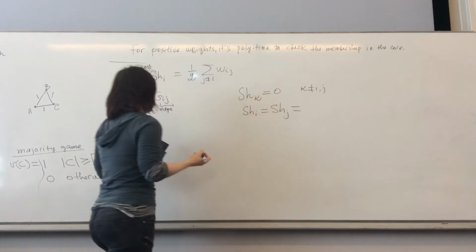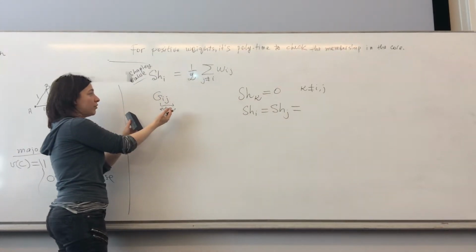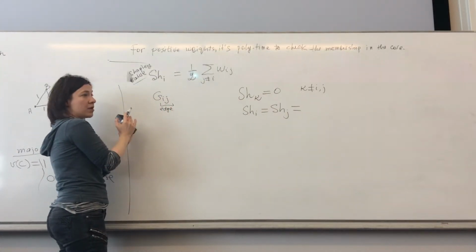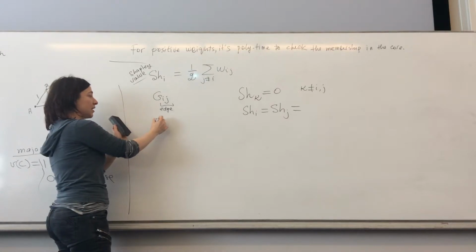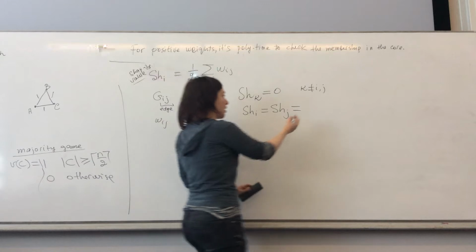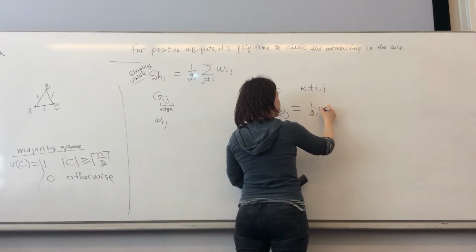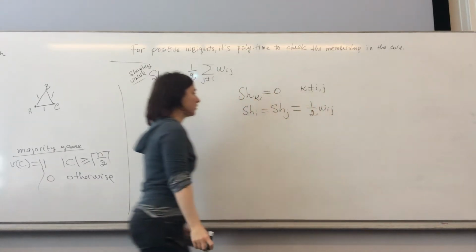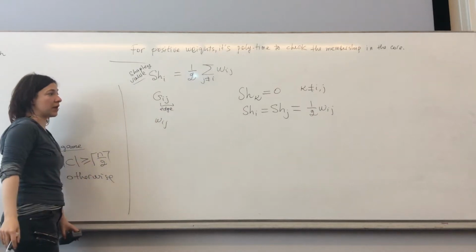So what do they share? The value of the coalition where they both are present is exactly W_ij. There's only one edge there. So they share it equally, there would be half W_ij. So that's for this particular game.